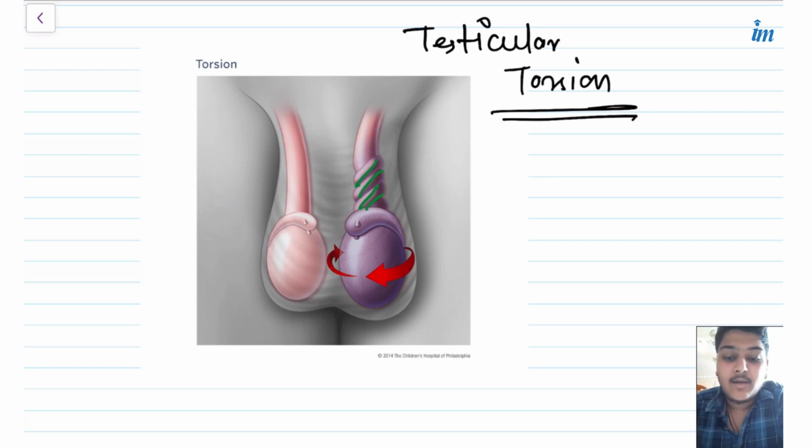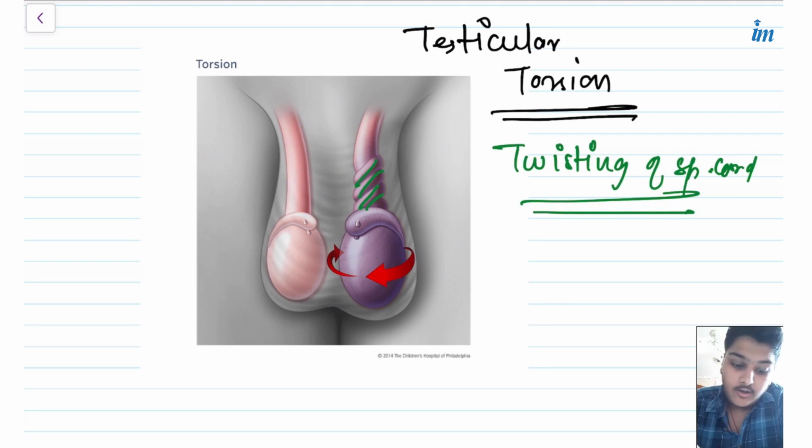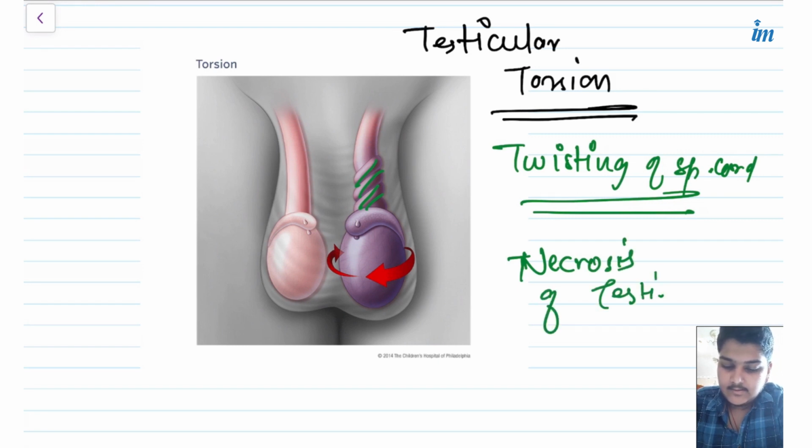Therefore the blood supply to your testicles is stopped, and this may lead to the necrosis of your testes, and it is a very painful condition. This is known as testicular torsion, in which there is twisting of spermatic cord, due to which there is a blockage of the blood supply to the testes, leading to testicular necrosis.